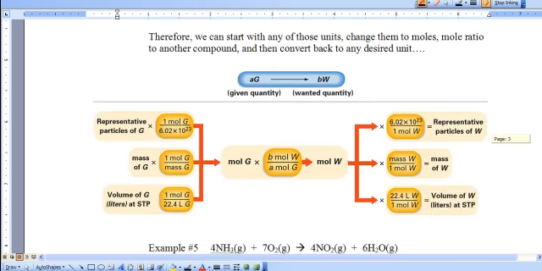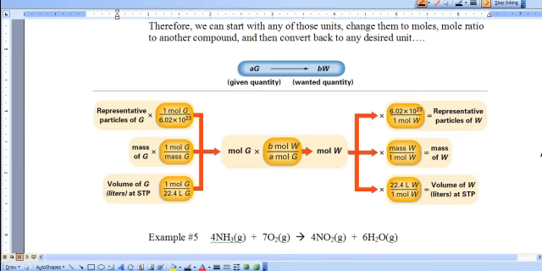Let's scroll down here. Now in the textbook, they give this particular example right here, where you can start with particles. You can start with mass, you can start with volumes, but again, no matter what is given, you have to change it into moles first. Once you get into your moles of your given substance, you use the mole ratio to change it into whatever else you want.